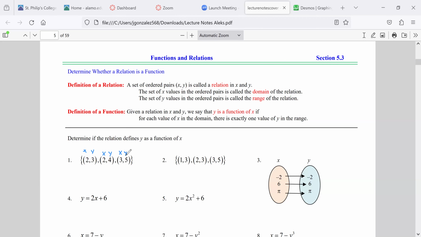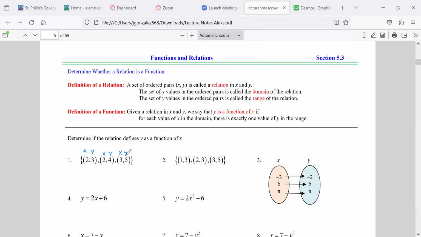So 3, 4, 5 would not be a function. This set of points is a relation, but not a function, because this x goes to two different y's. It violates the definition. So all the x's should be different.